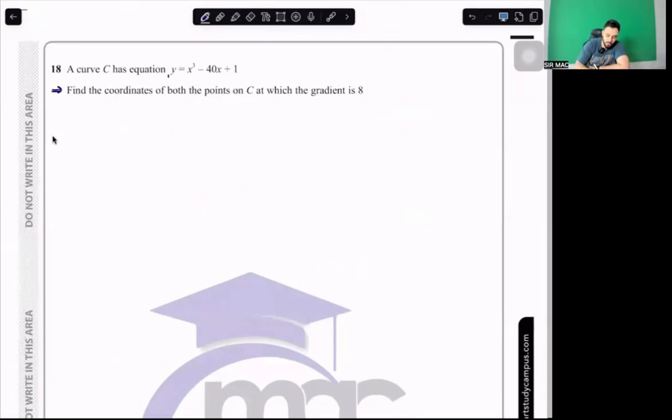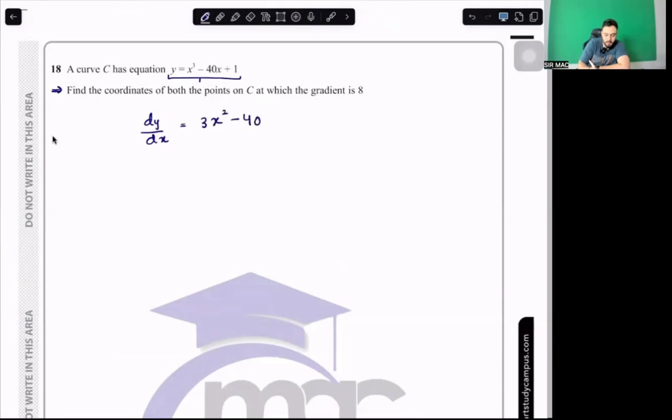Whenever you have an equation for the curve and you're required to find the coordinates where the gradient is given, first of all, you differentiate the curve. Once you differentiate, the power comes down and one is subtracted from the power.